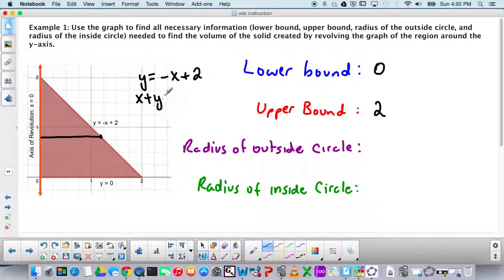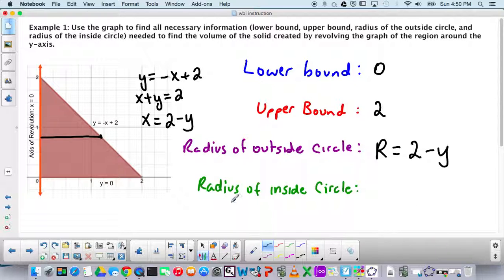It's going to be x plus y equals 2. So x equals 2 minus y. No matter where I put this line, the width of this strip, or the radius of this thing that we would rotate, is always going to be negative x plus 2, or 2 minus y. So that's going to be the radius of the outside of our circle. We'll still keep it big R, and it will equal 2 minus y.